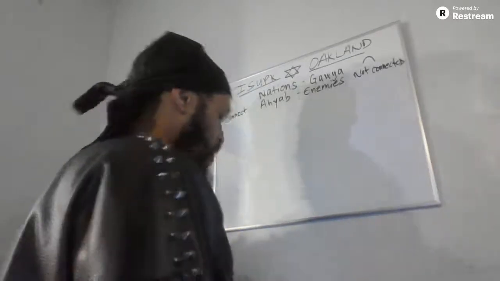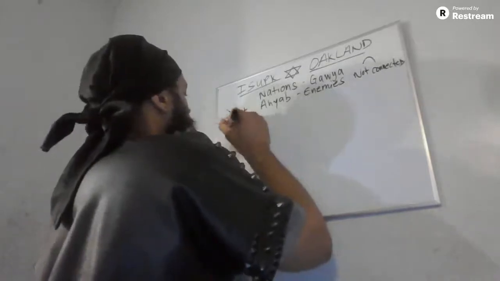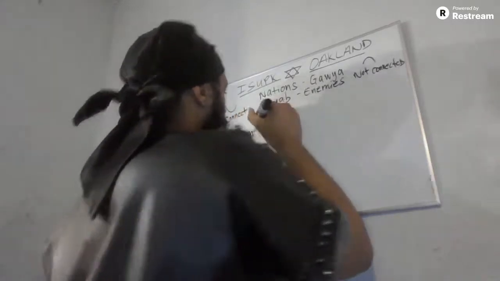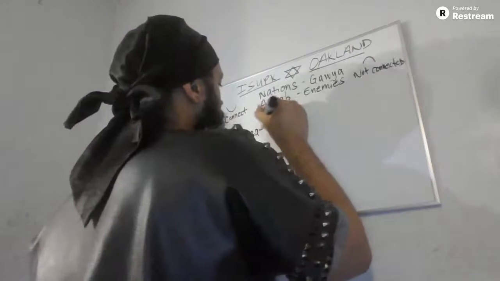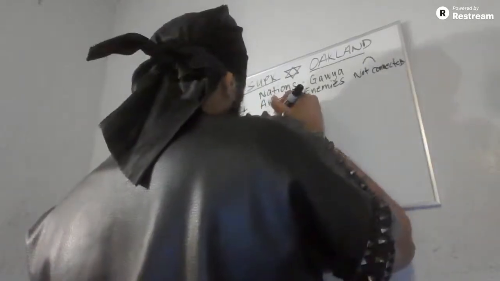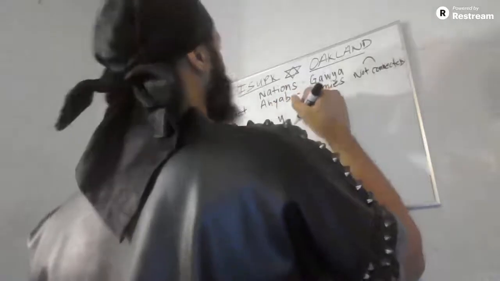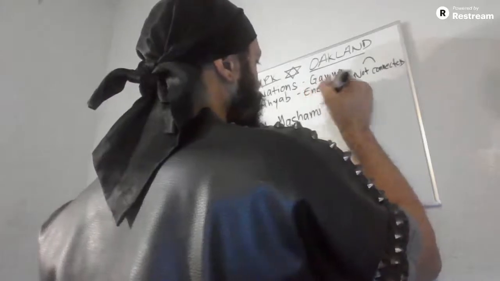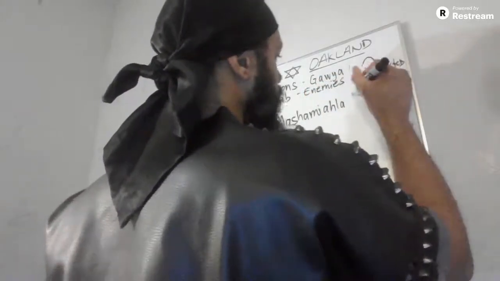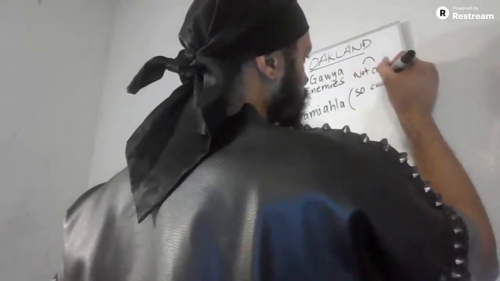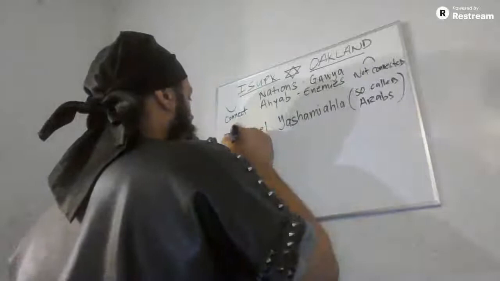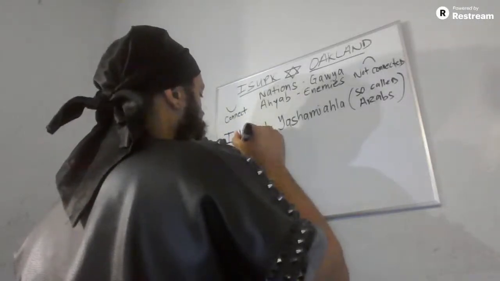All right, next one is Ishmael. Yashama'ala. All right, they're Hagar's offspring.